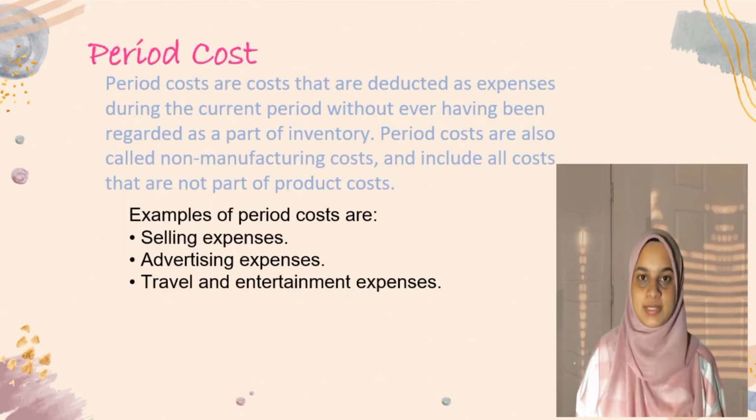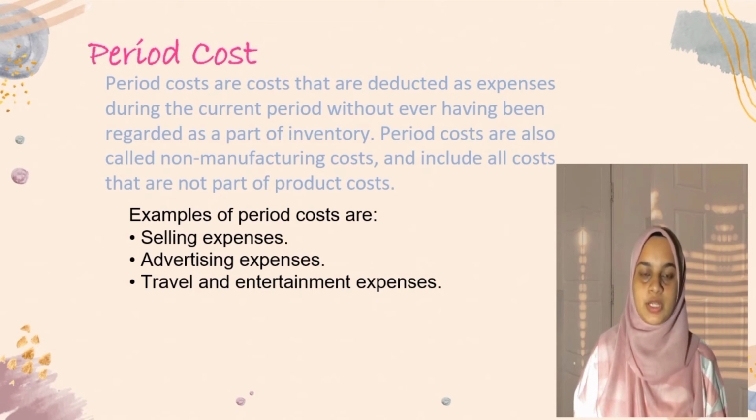From the previous slide, I had explained the meaning of cost accumulation and product cost. Now, I will explain about period cost. Period cost is the cost deducted as an expense in the current period without ever being considered part of the inventory. Period cost is also called non-manufacturing costs.